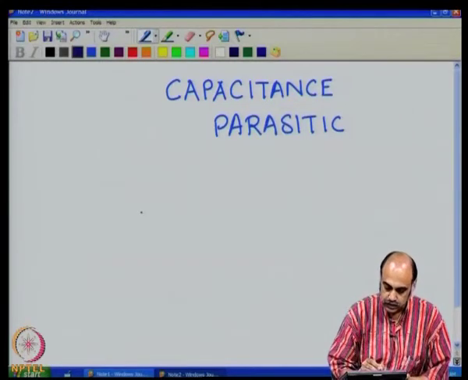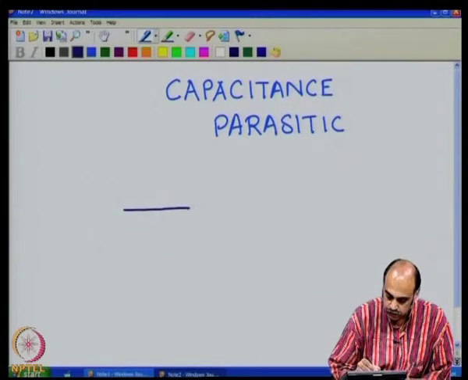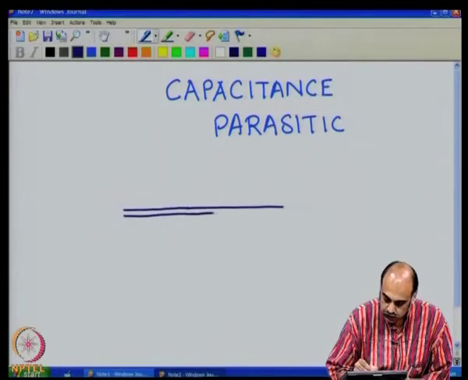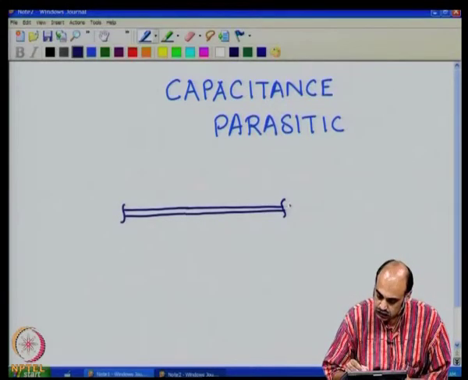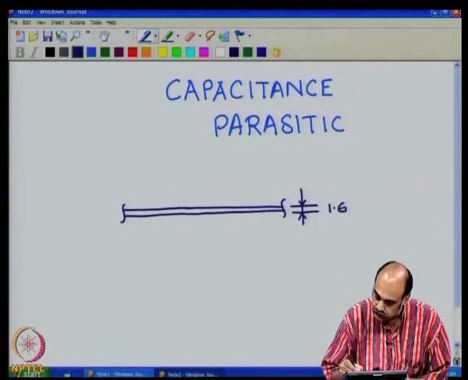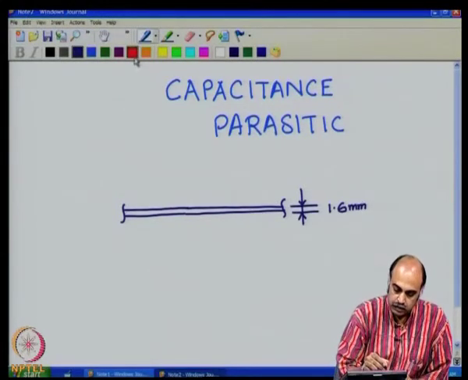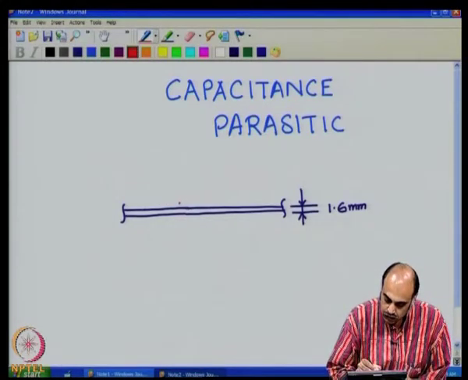So, if you consider the printed wiring board of some thickness, and we know the thickness of the printed wiring boards in most cases will be around 1.6 mm, and you have the copper tracks which are placed on both the layers, both the sides, top and bottom.